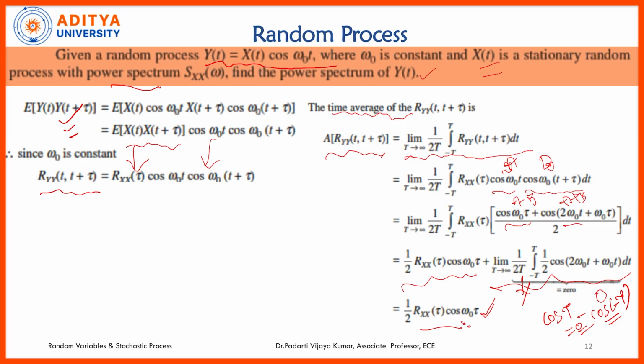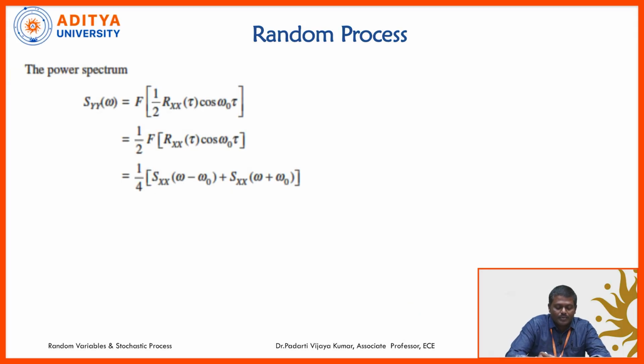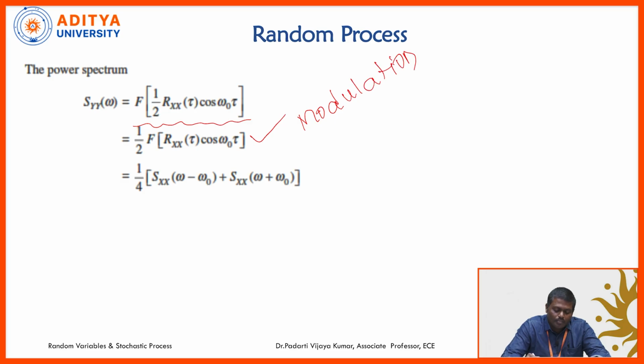Now, for this one, we need to compute the Fourier transform so that we can compute the power spectral density. So, the power spectral density is the Fourier transform of the correlation function. The Fourier transform of this Rxx of tau cos omega naught tau, we know, is based on the modulation property. There is a property in Fourier transform, the modulation property.